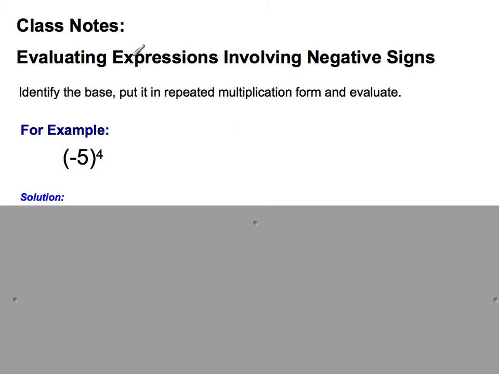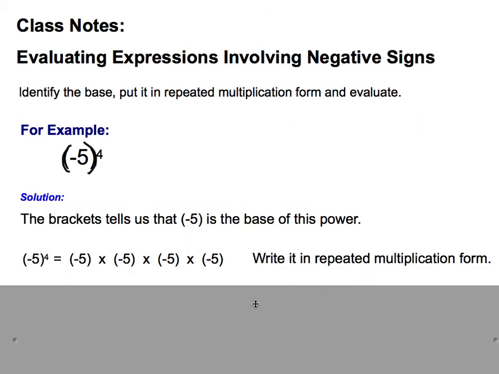So identify the base and put it in repeated multiplication form and then evaluate. So notice that I have brackets around the -5. That tells me that I am taking -5 times -5 times -5 times -5. The negative is part of the base in the power. 4 is the exponent. Okay?